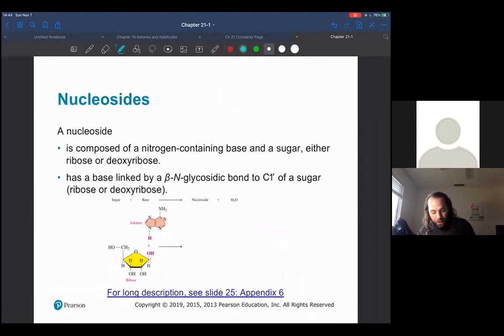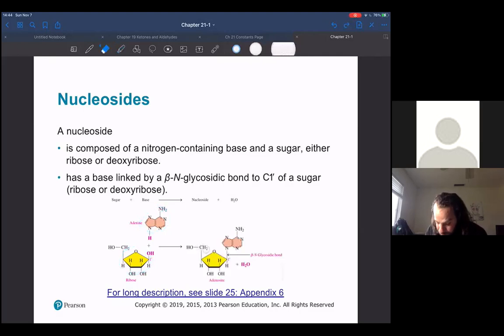Okay, so the whole thing together is called a nucleotide. A nucleoside is just the base and the sugar together. And these will link up to form a nucleoside that has a beta nitrogen glycosidic bond. So let's just zoom in here.